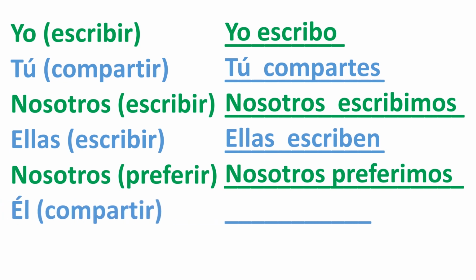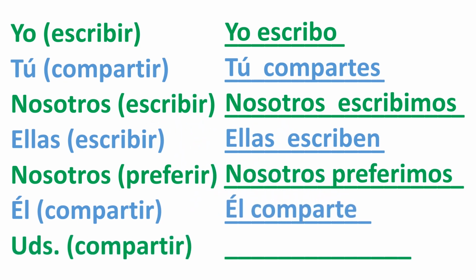How about él? Let's see, él, oh yeah. ER conjugation forms are the same as IR verb conjugations, except for the nosotros form. So, él comparte. And let's do one more. Ustedes. Let's see, ustedes. Oh yeah, comparten.